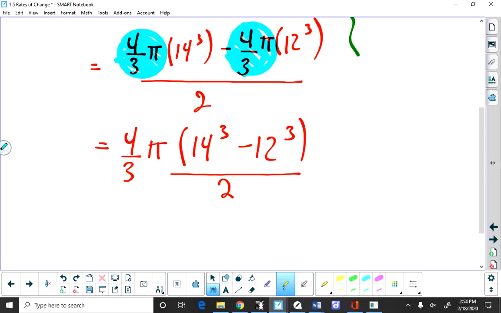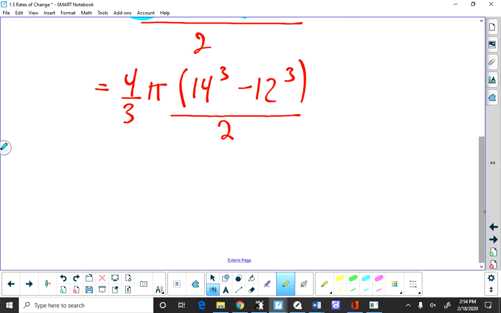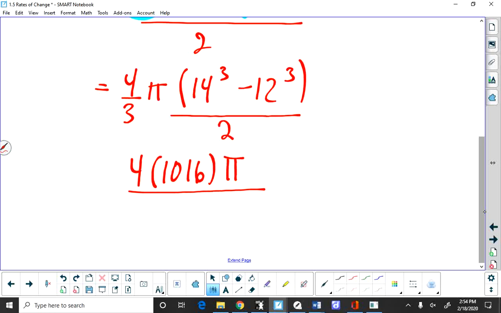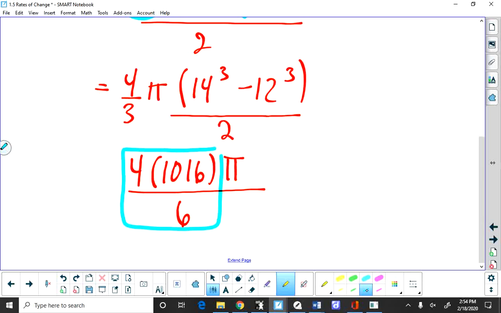1016. Okay. So that means we have a 4, a 1016, and a pi on the top. And on the bottom, we have 3 times 2, which is 6. And now it's up to us to figure out what this is in lowest terms.